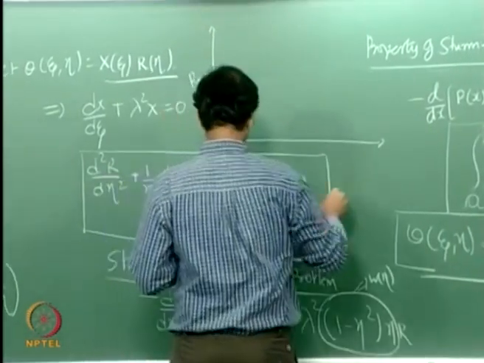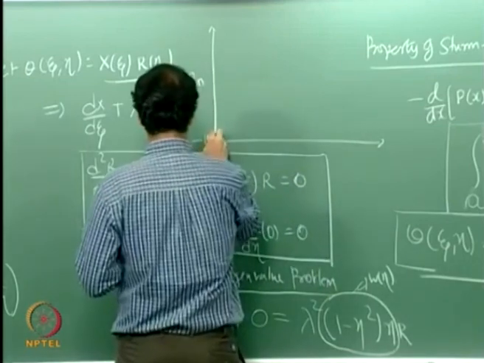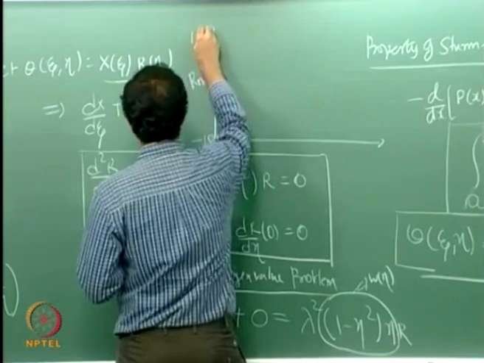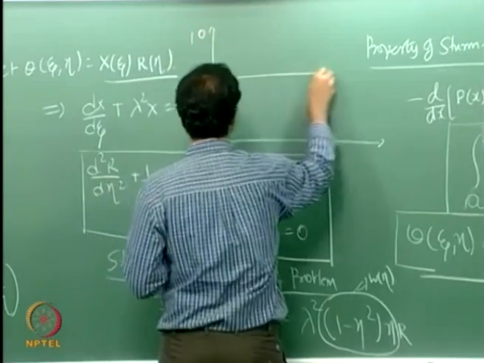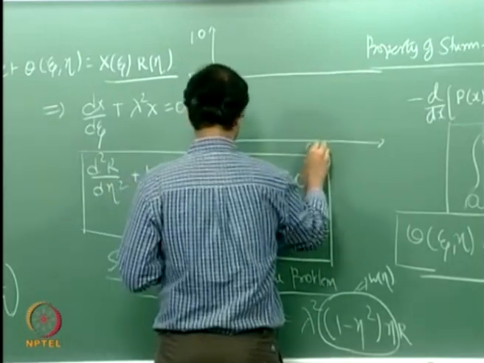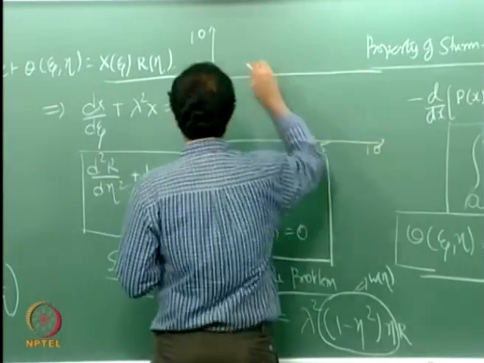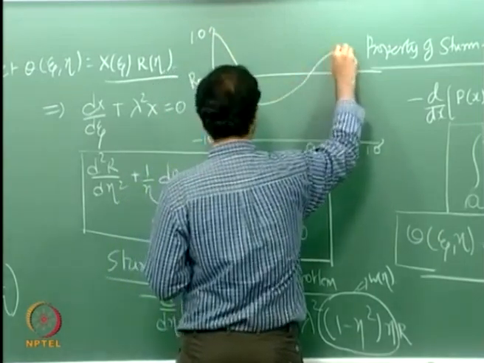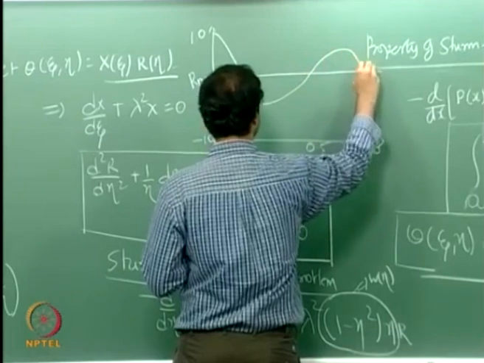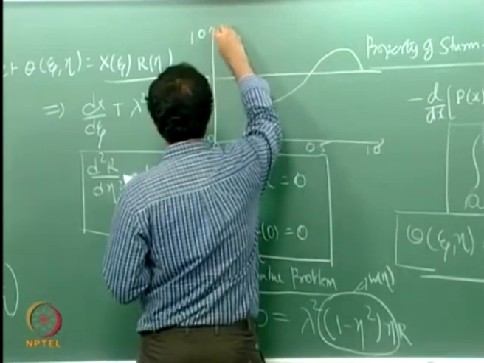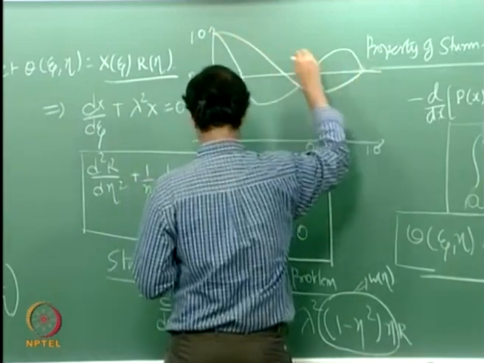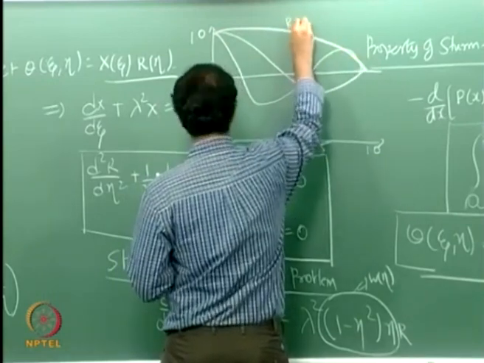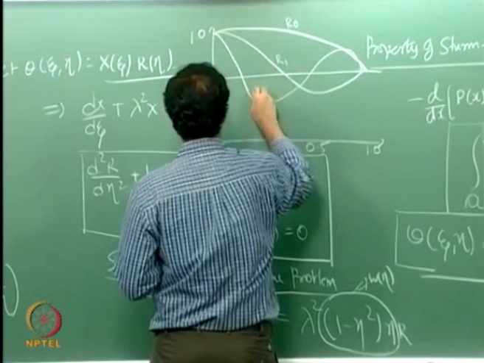R n varies between minus 1 and 1. So this is your R0, R1 and R2.